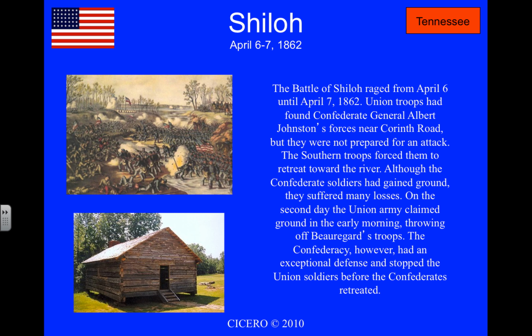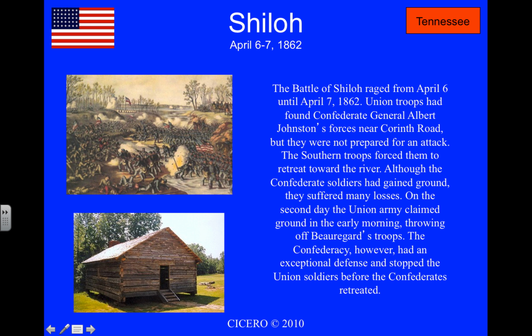At Shiloh, the North engaged the South, and even though, like it says here, the North really was beaten back right away, there was just a ton of loss as far as casualties in this battle.